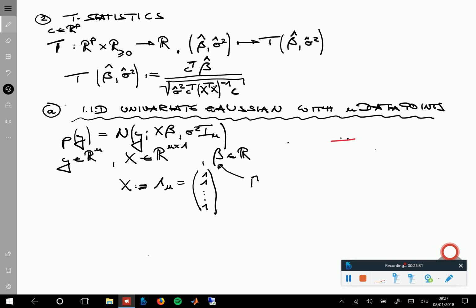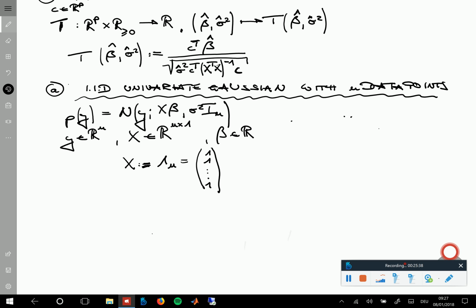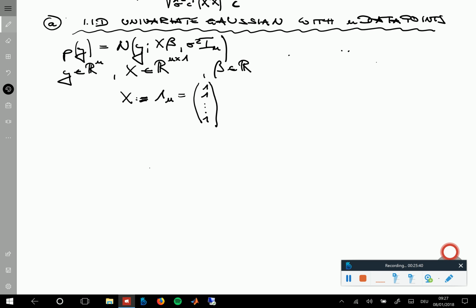Then we can, of course, evaluate our beta parameter estimator. Like we've seen above, it is X transpose X to the power of minus 1, X transpose y.